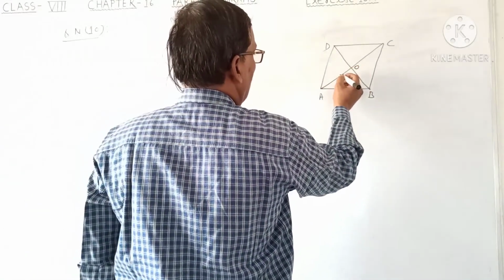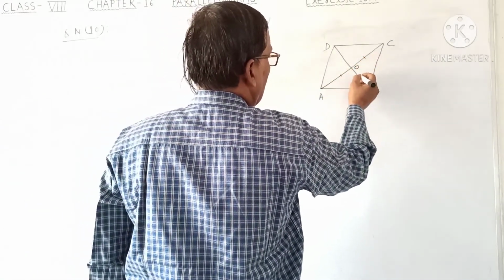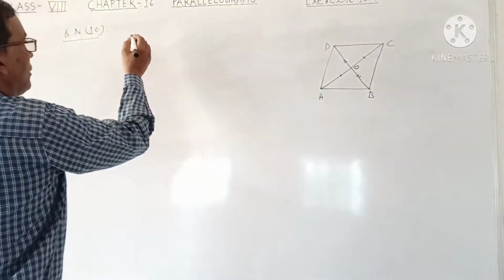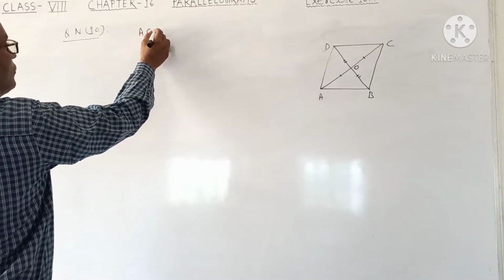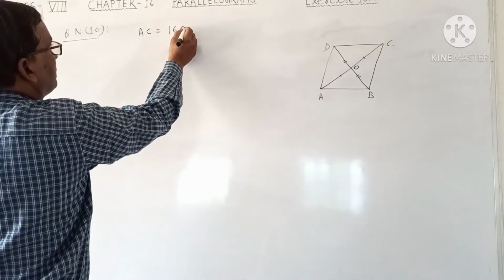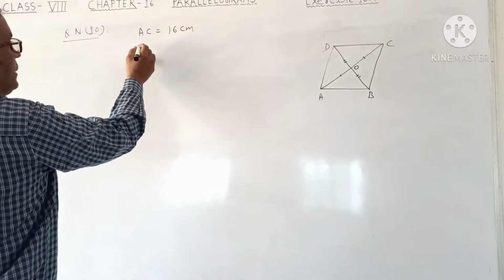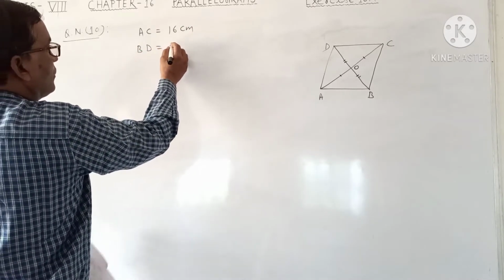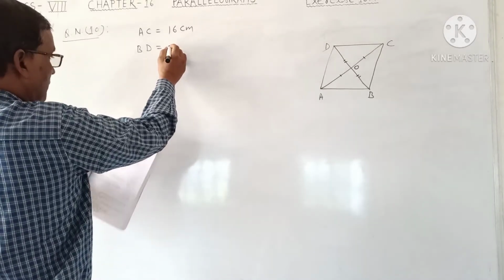The diagonals meet at O, and this side is equal to this side and this side is equal to this side. AC equal to 16 centimeter and BD equal to 12 centimeter.